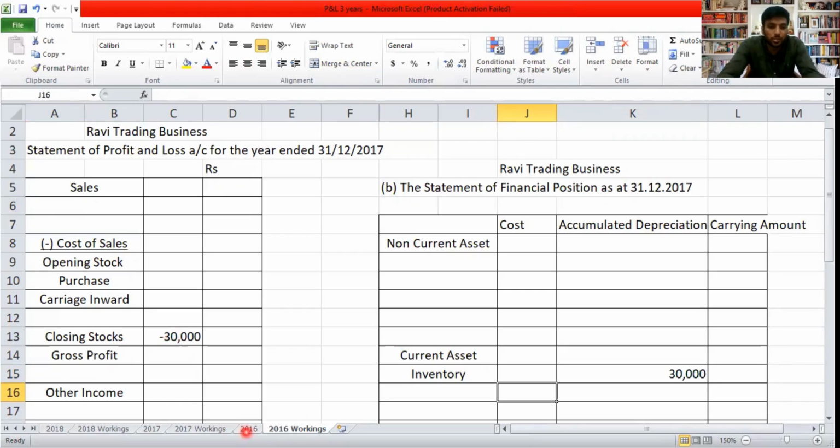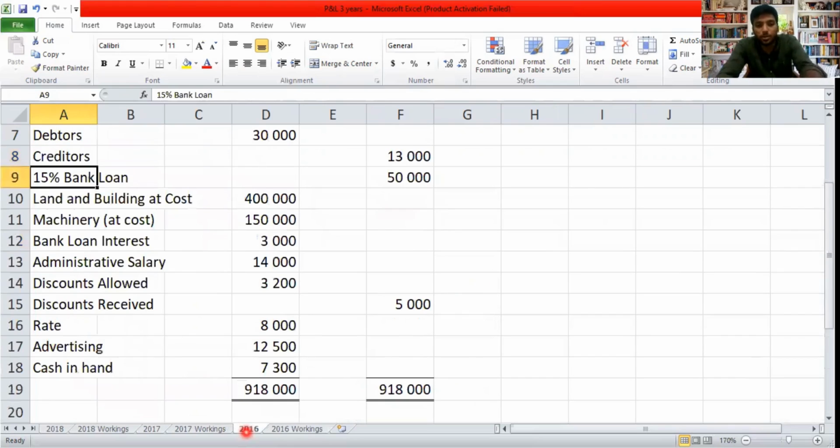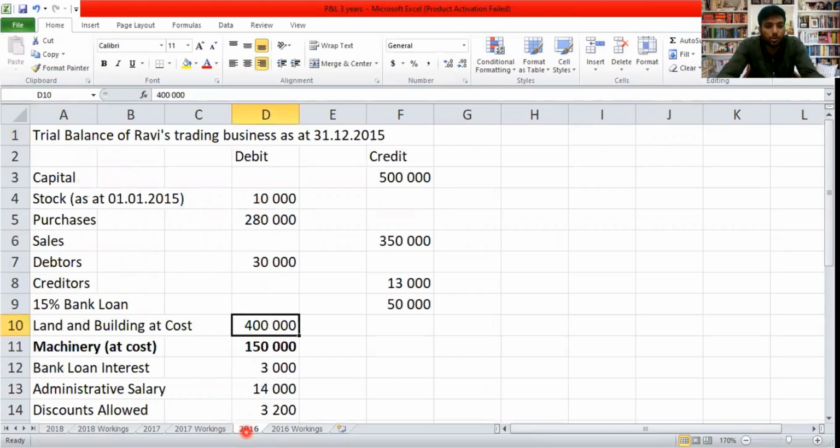Then we move on to 2016. Machine should be depreciated annually at 10% on straight line method. So let me see the machine at cost. Machine at cost, I'm going to take this 150,000. Do you have any provision for depreciation? No provision for depreciation.